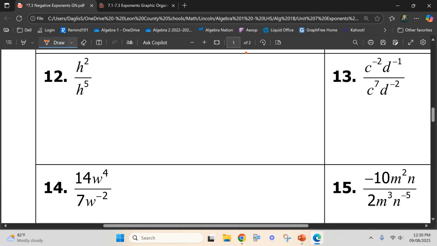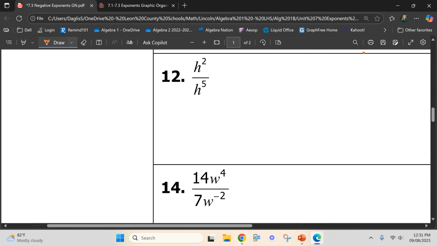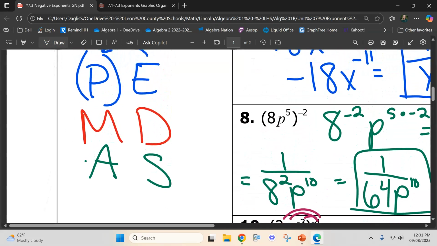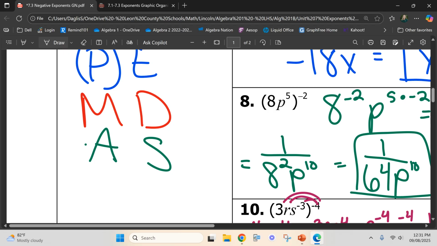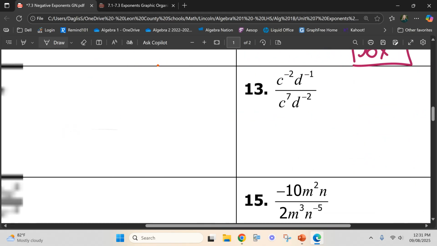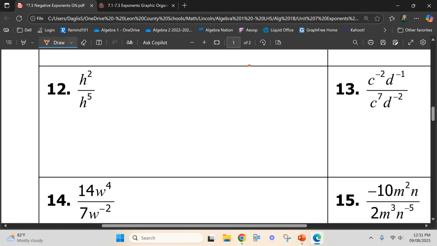Still just multiply. Okay, I'm moving on to my quotient rule. Well, this looks nice. H to the 2 over H to the 5. How do I do this? I'm dividing now, right? So if we are dividing, what am I doing with my exponents? We are subtracting exponents now. Am I going to subtract 2 minus 5 or 5 minus 2? What's up top? What do you see first? The 2.